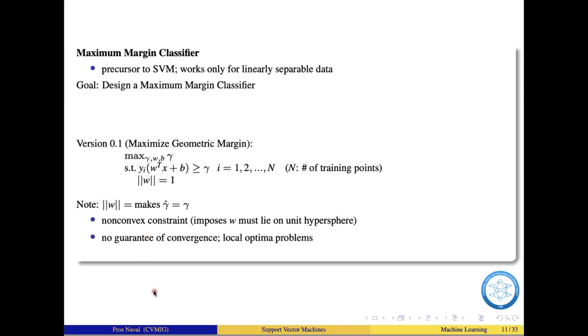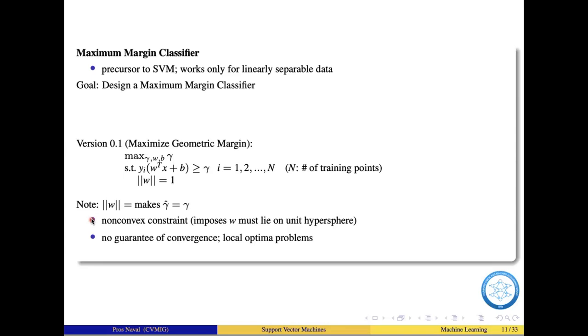So now, is this a good formulation for our optimization problem? Well, no, it's not a good formulation. Why? Because it has a non-convex constraint. This imposes the condition that W must lie on the unit hypersphere, so W must have a unit radius. So this is a non-convex constraint.